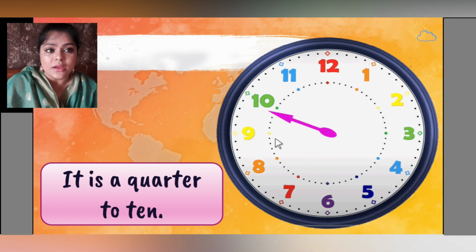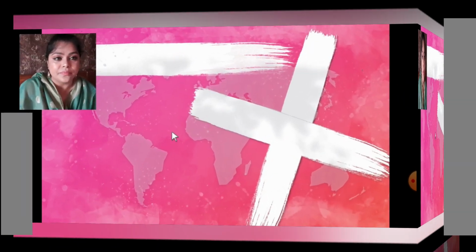It will be near 10, because it is not 10 o'clock yet. How much time is left for 10 o'clock? A quarter. Quarter means 15 minutes. Very good. Now 15 minutes are left for 10 o'clock. That means it is a quarter to 10. Okay, let's see the next one.